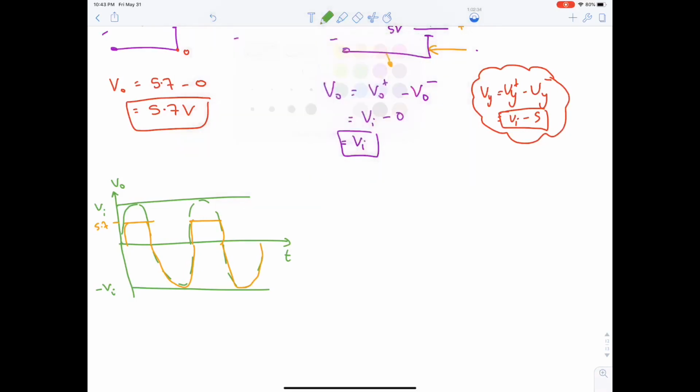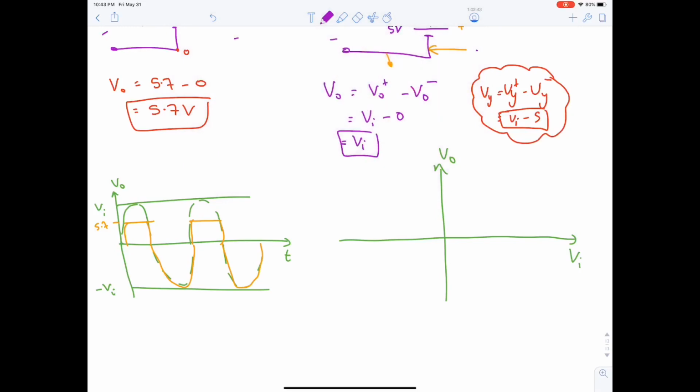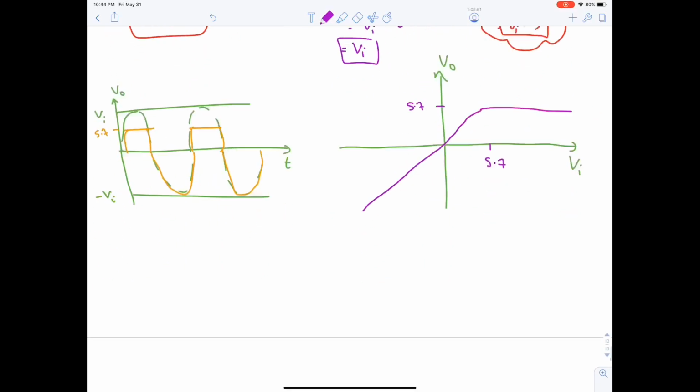For VTC, VO and V input. If VI is positive, it's 5.7, and if VI is negative, then it's VI, straight line. Okay, moving on.